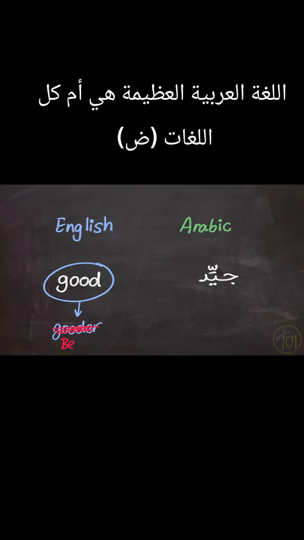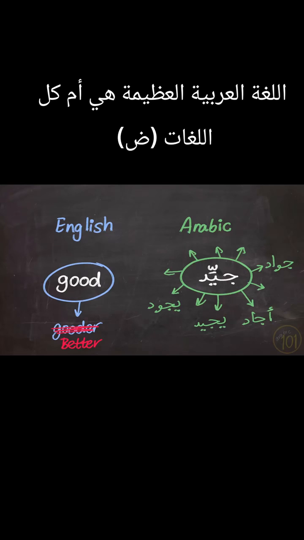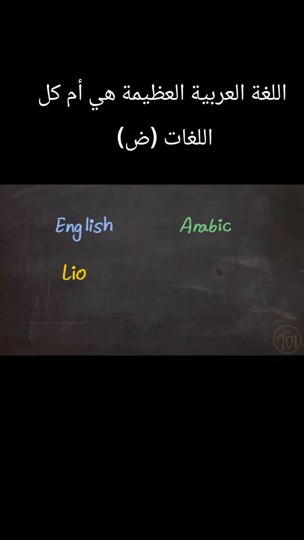It has to be better. But jayyid is ajada, yujidu, yajudu. You get the idea. So it is not surprising to then know that lion in Arabic has 29 different names, and camel has more than 50 different words in Arabic, which all then show how rich the origin can be.